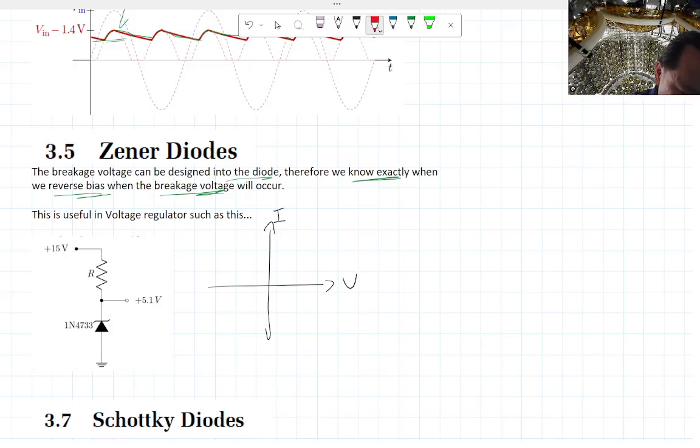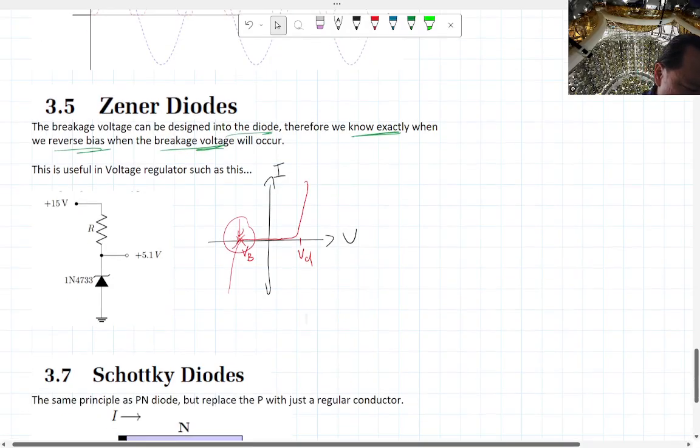It's 0, and then it turns on at VD. And there's also a negative version of the VD, which is the breakdown voltage. We can design these diodes so that we have a specific breakdown voltage.